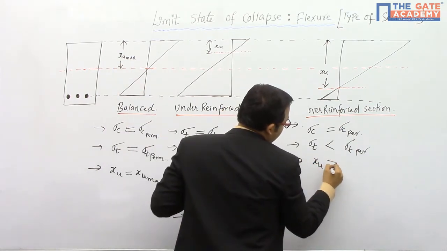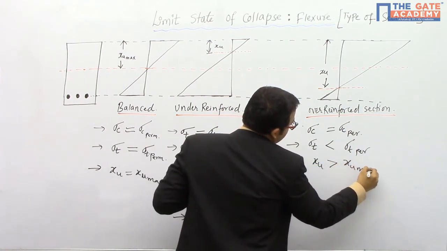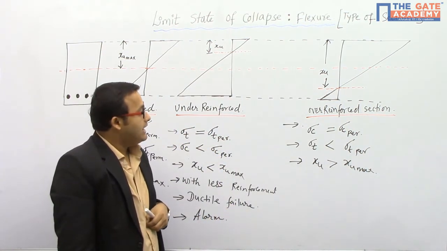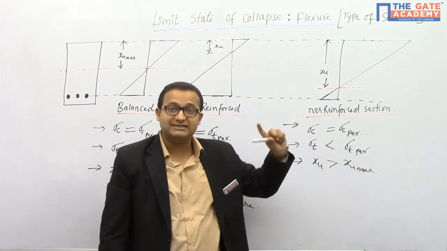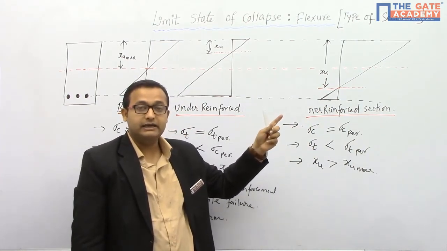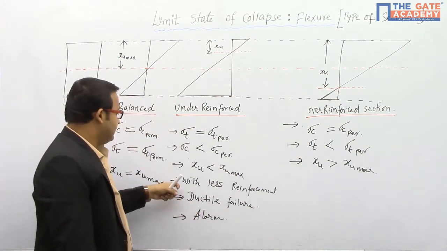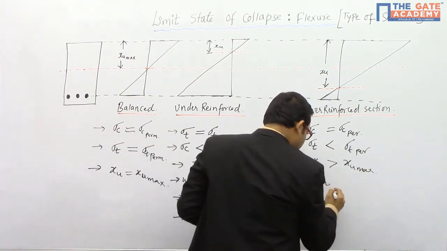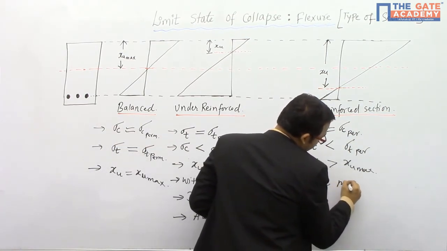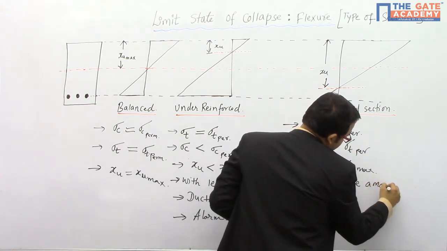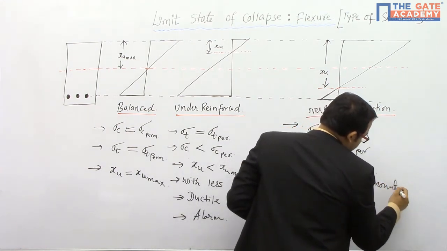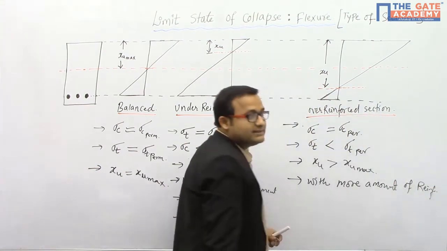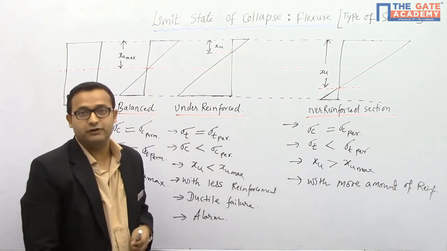So here XU is greater than XU max. As I told you, it is the over reinforced section, and steel provided is more. So we can write here, with more amount or large amount of reinforcement, this type of section is achieved.